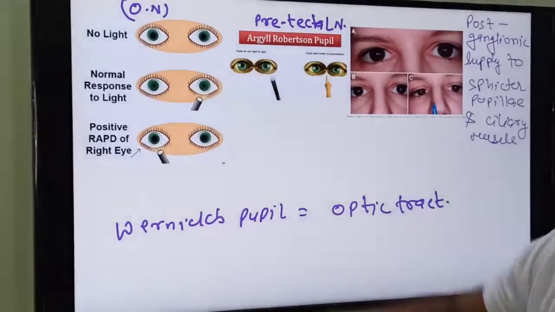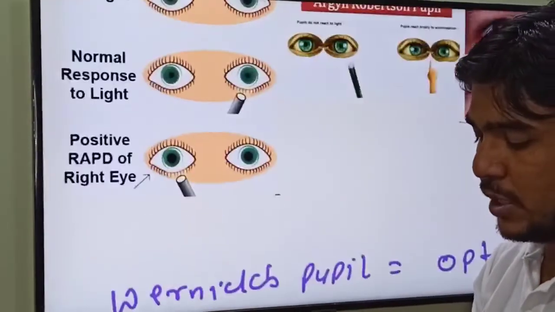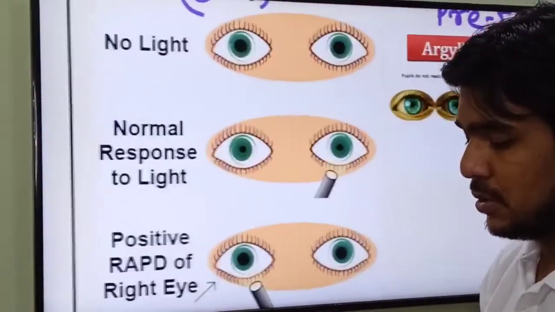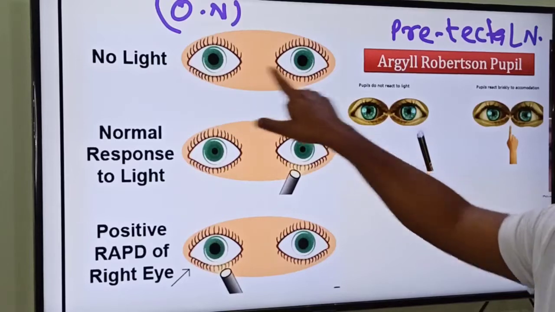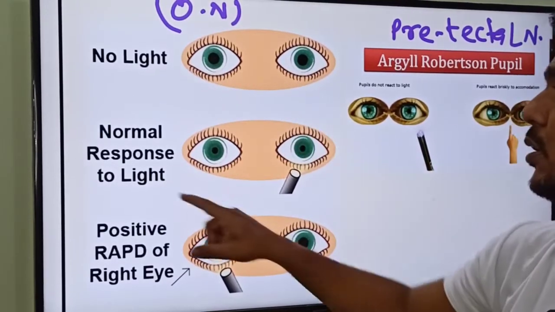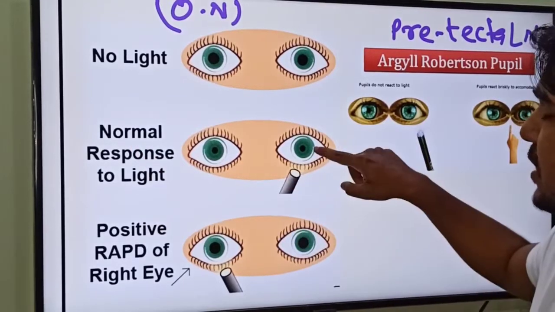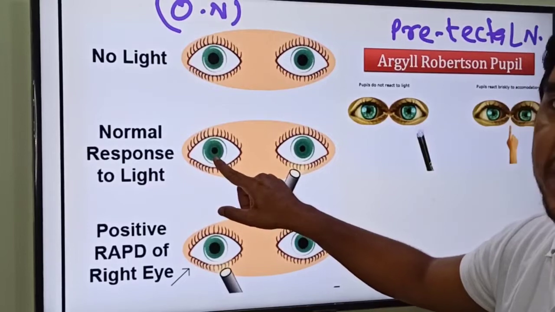What is this? There is no light, right? Understand this one by one. The diameter of the pupil is normal in both eyes, no anisocoria. Normal response: when the light is put here, this is constricted, this is also constricted.